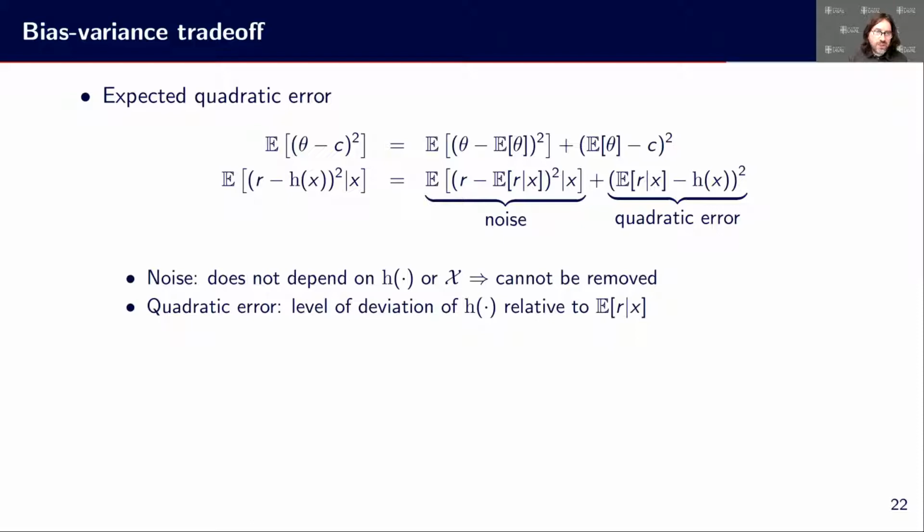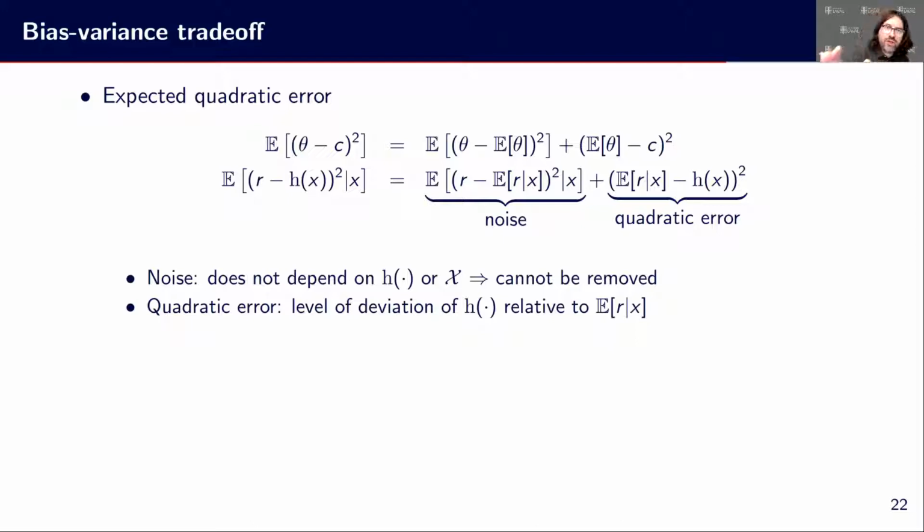But the quadratic error by itself is where we look at whether the predictions made by H are correct, close to what we expect in terms of values. So we are looking at the difference between the expected R minus H of X, for the X value on which we are working.